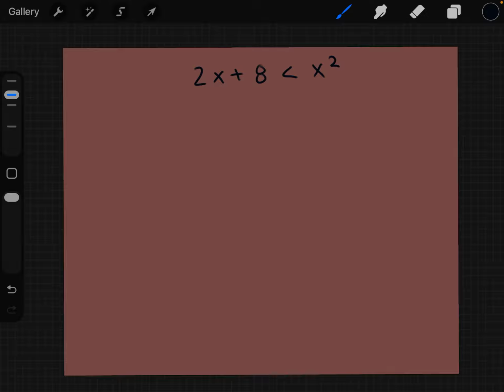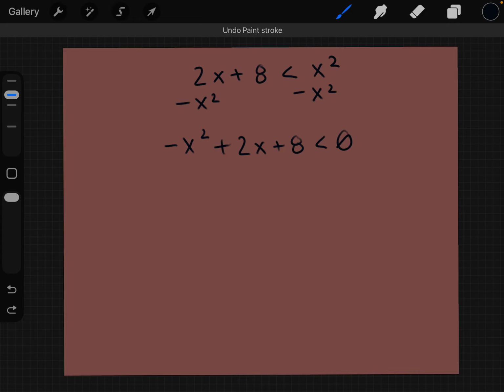Okay, we need to get this in the correct form, so we're gonna have to subtract. This can't be negative. I don't remember why. I just know it can't.